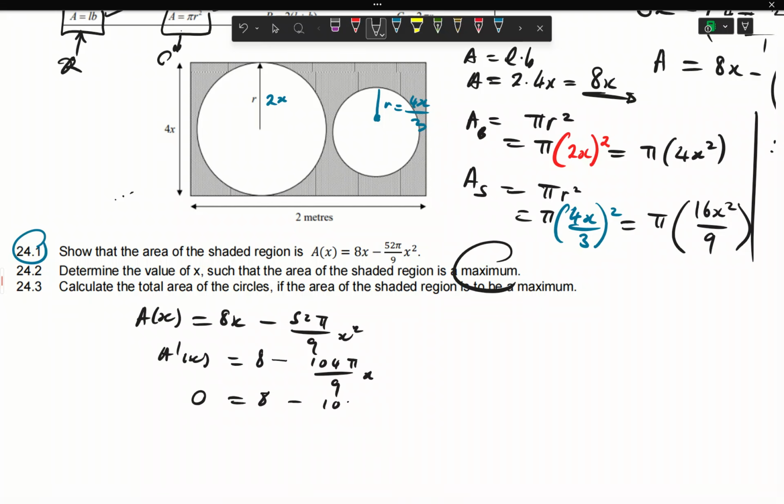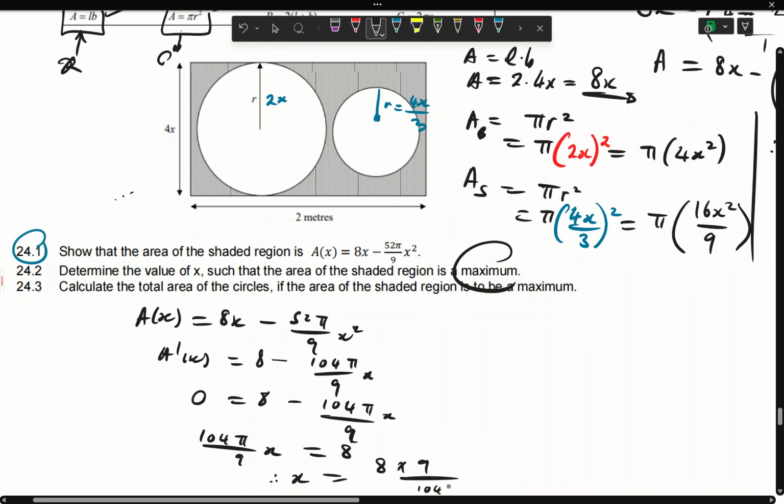So 8 minus 104 pi all over 9 x. Take this to your left, you'll have 104 pi all over 9 x equals 8. You have to divide both sides by this, so x is the same as 8 multiplied by 9 all over 104 pi. So x is 8 divided by 104 over 9, so pi.